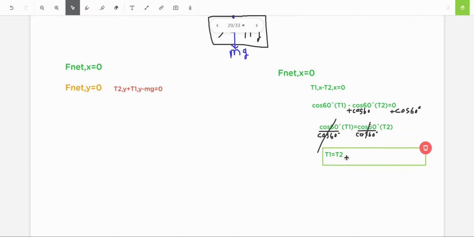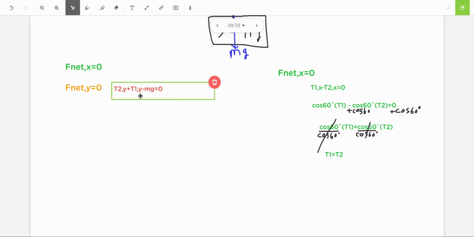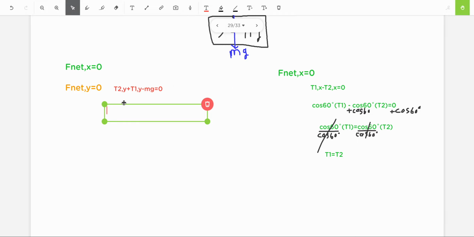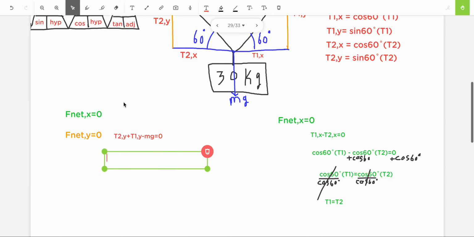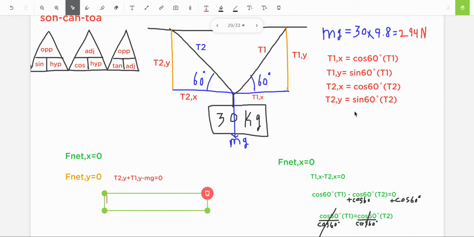So now we should substitute in the equation of F net y, the T2y, T1y and mg. So let's start here with F net y: T2y, sine of 60 multiplied by T2.